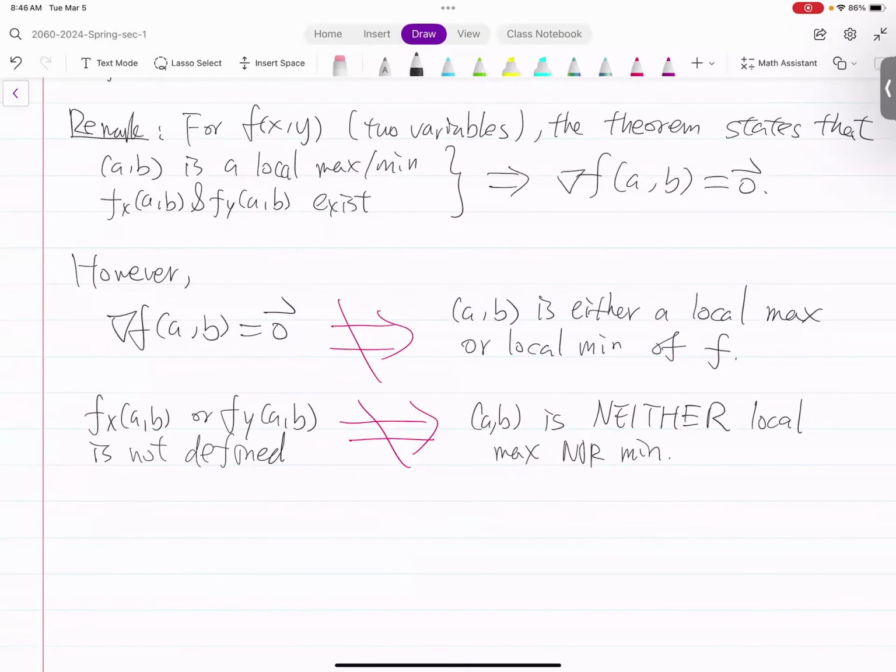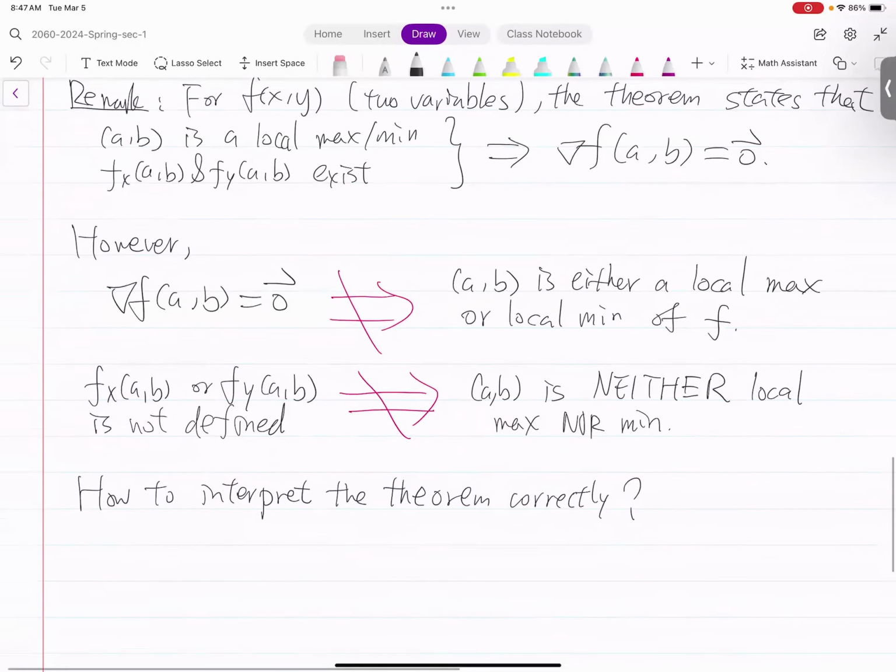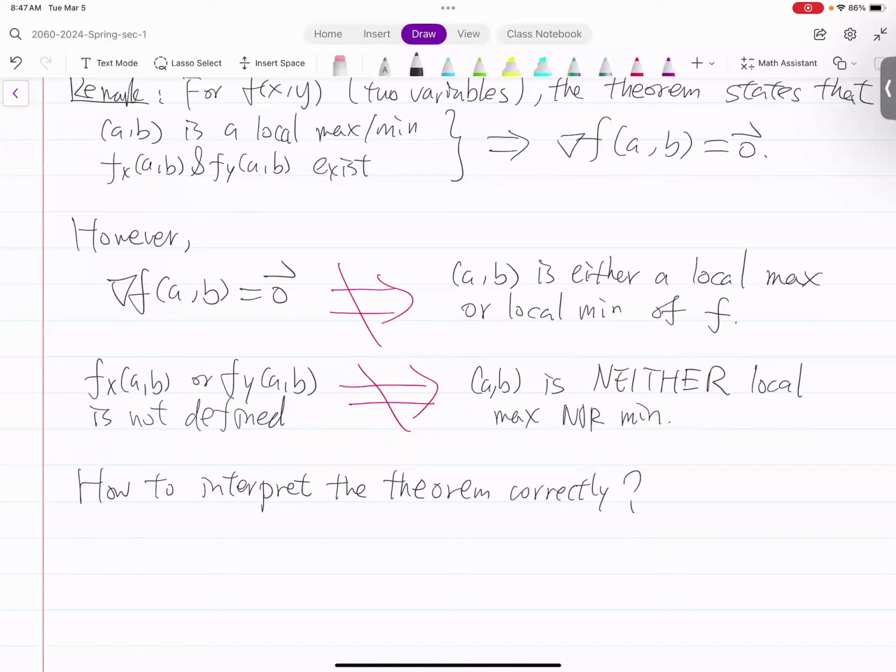So how do we interpret this theorem correctly? Basically, when we talk about the local extremes, we have to consider two cases. One, the places at which the gradient equals the zero vector, and two, the locations at which the function is not differentiable.